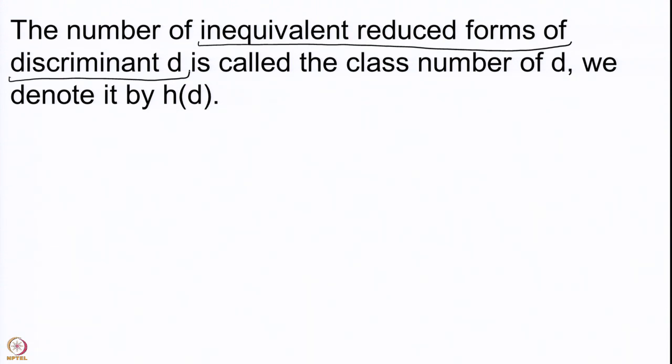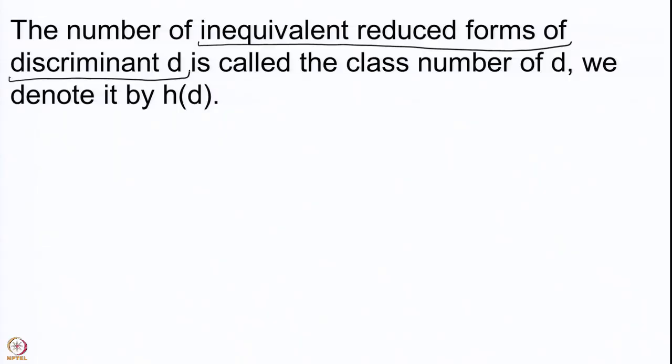So, all these reduced forms are now only finitely many, and in principle we should be able to tell how many of these are equivalent to each other. In fact, we will prove that the inequivalence is a redundant condition. Any two reduced forms are never equivalent, but that we will see later.